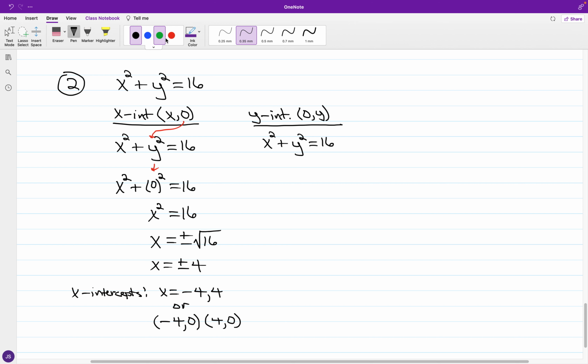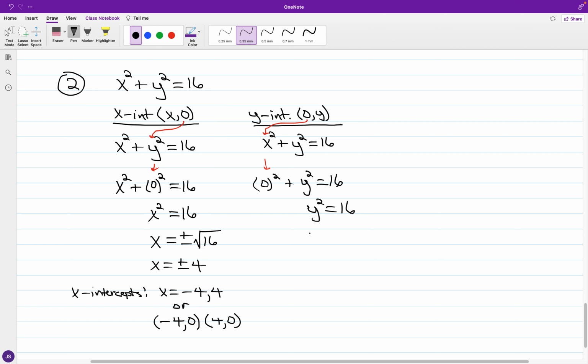Now for the case of the y-intercept or intercepts, again, it is now x which is set to 0. And so we have 0 squared is 0, and so we come to y squared is equal to 16.